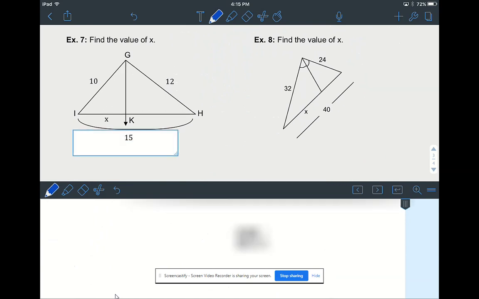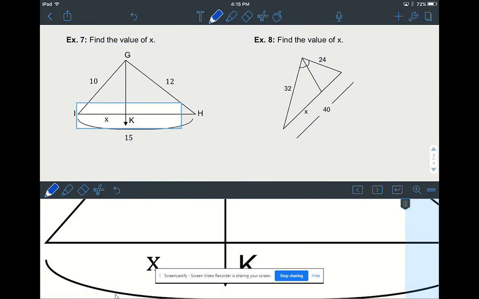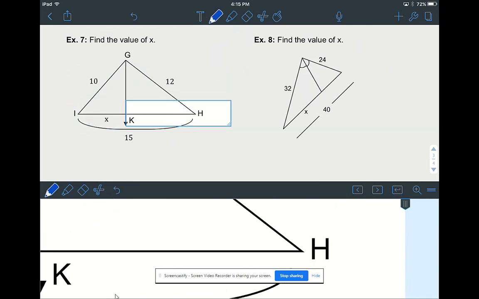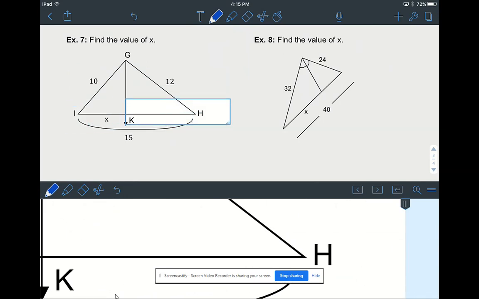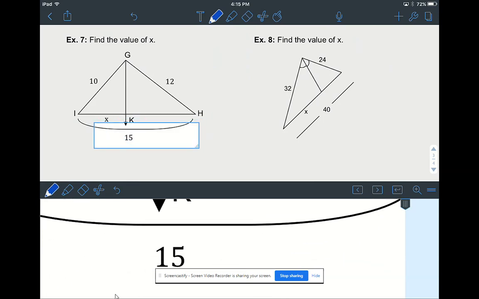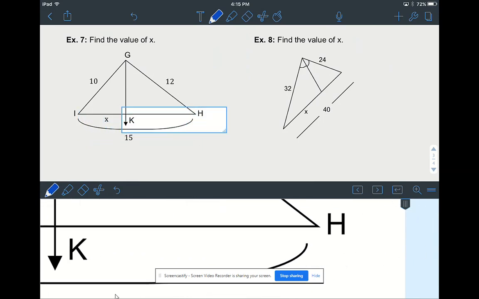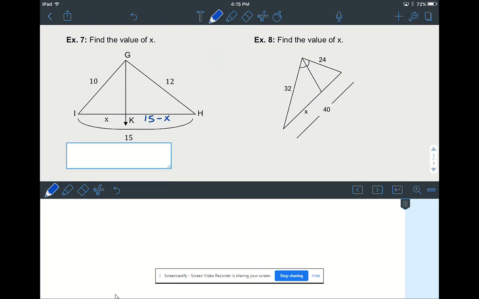So let's try it. Find the value of x. Well, first off, we've got a left side, a right side, and we've got a left base, and no right base. So how do we find the right base here? The whole base is 15, and if we take away the left base, we should end up with the right base. So over here, that would be 15 minus x. So now we can set up our proportion.